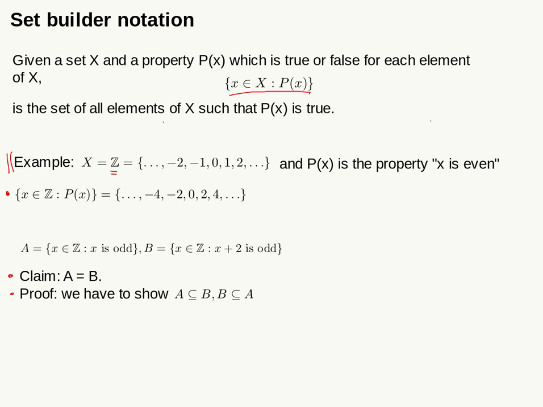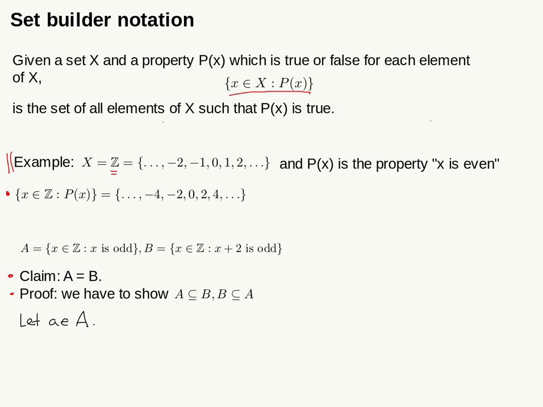The first thing we need to prove is that our set A is a subset of B. So to do that, we have to pick any element in A and prove that it's also an element of B. So let's do this. Let little a be an element of A. What I've got to do first of all is show that it's also an element of B. But that's easy, right?